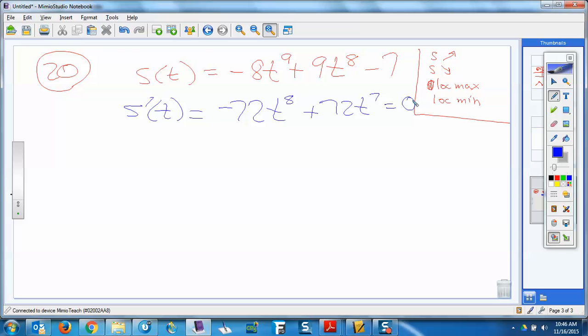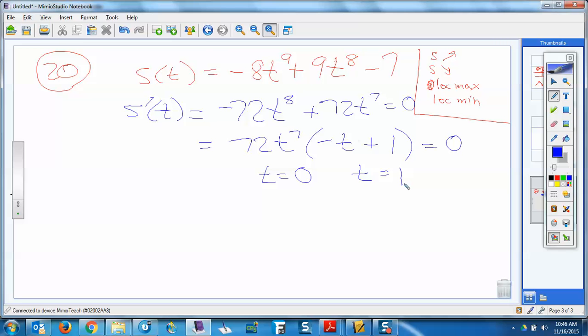Nice thing is, there's a lot we can factor out. A 72 t to the 7th, we would end up with negative t plus 1. I probably should have taken out the negative, but whatever. We set each of those equal to 0, so either t equals 0 on that one, or t equals 1.